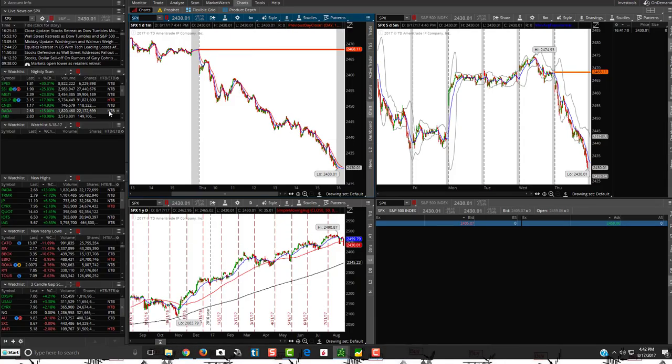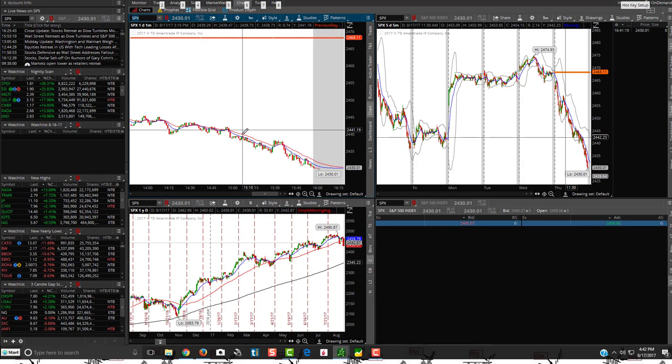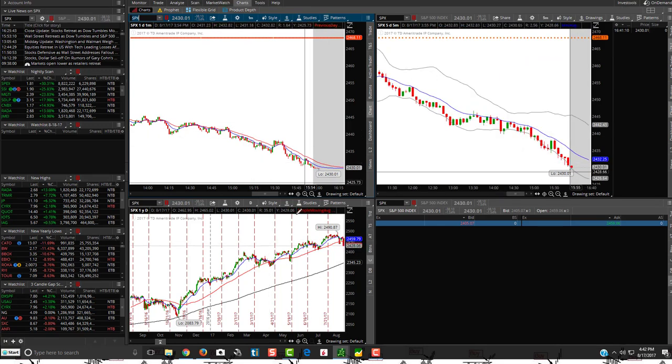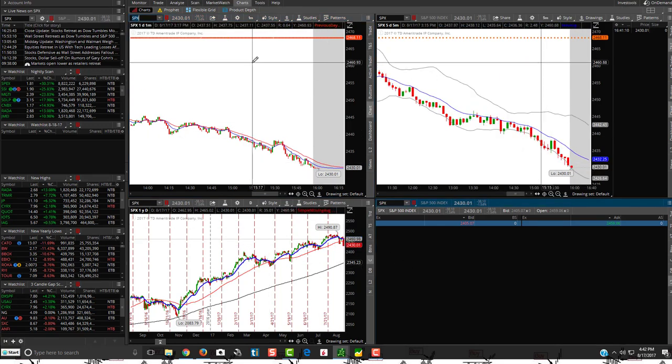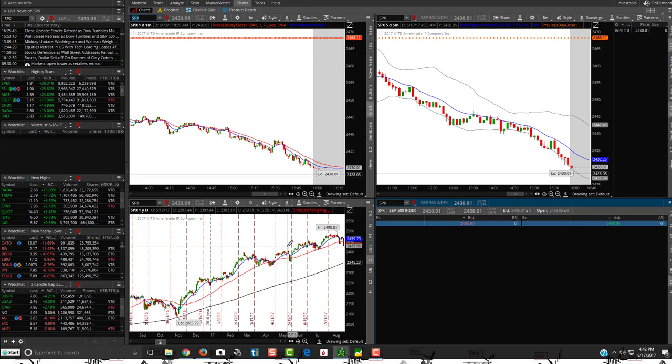So if you look here, this is the SPX, or the S&P, and obviously it had a decent sized drop today. It's falling below the 50 moving average. So you want to see if it's going to hold support in this area, right around the 24.